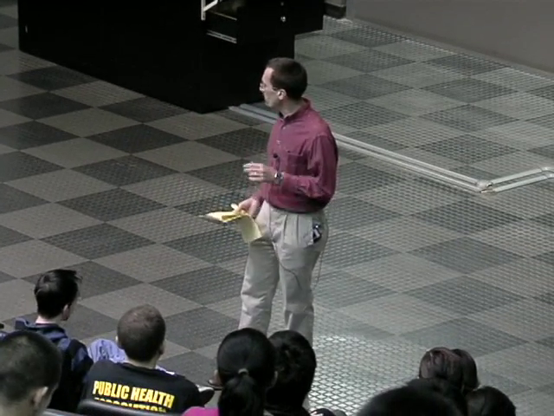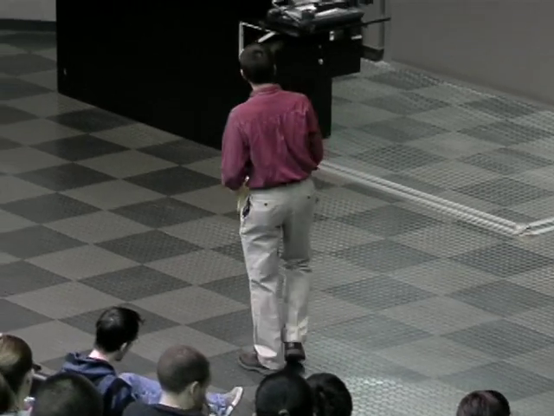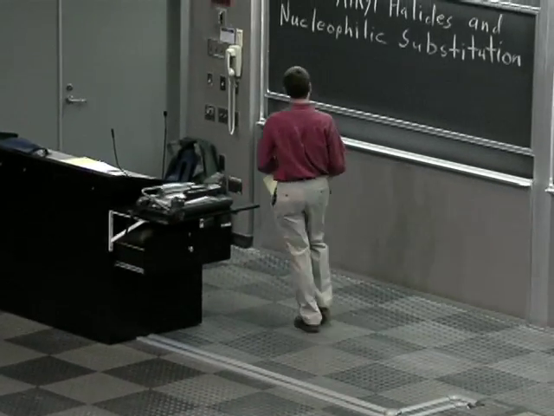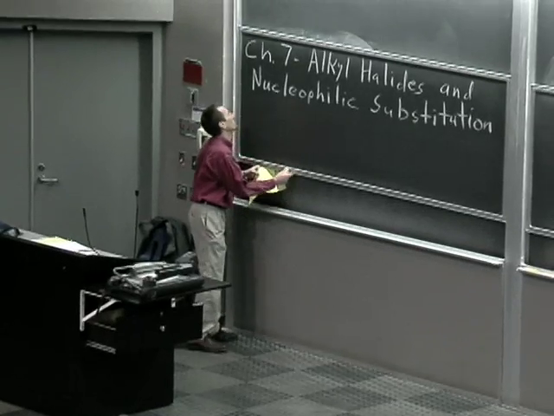And then over the remaining lectures of the class, we're going to start to look into varied reactivity patterns as you change the structure of alkyl halide, and also some of the really exciting stereochemical implications of this. So let's begin by talking about the nomenclature of alkyl halides.